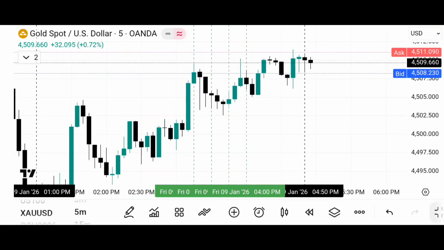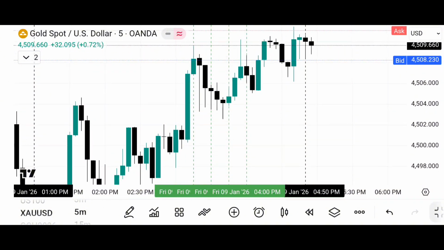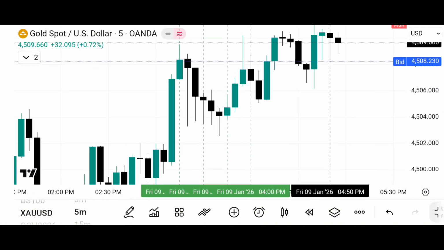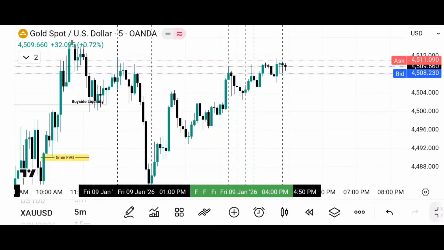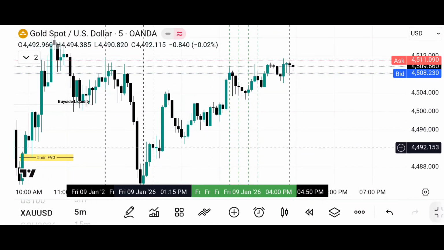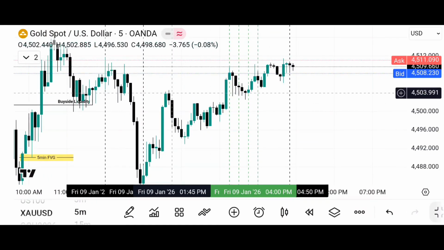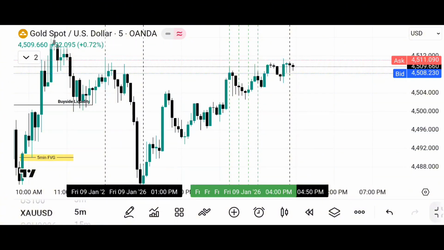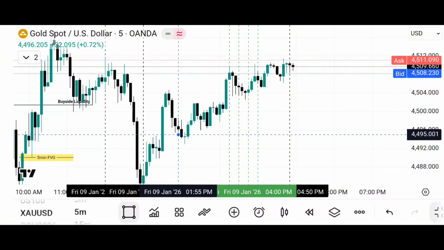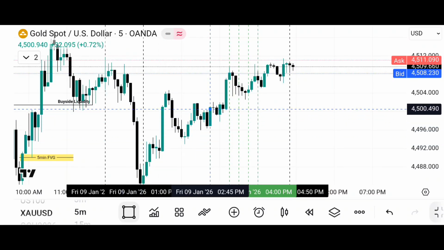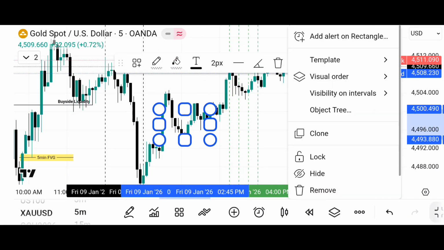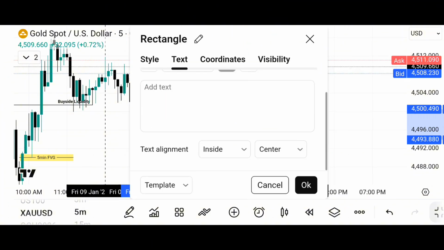Why do I keep calling it London? Sorry. These are your New York PM session macro. Now you see this movement in price, see this gap up, and this fair value gap created.